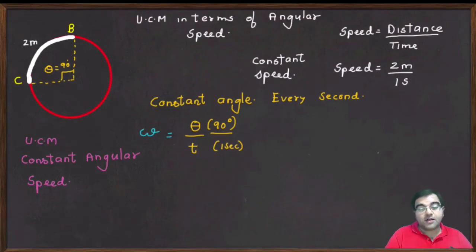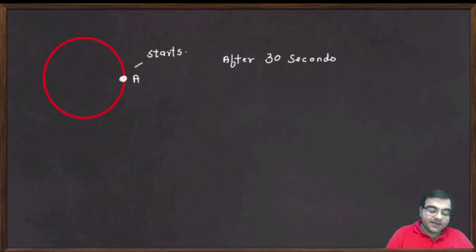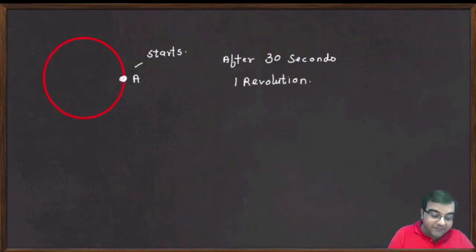Now let's come to the mathematics part of it. Let's say you have a circle. A body starts at point A. After 30 seconds, it finishes one revolution. When I say it finishes one revolution, the body started at A, it moved all the way and it came back to the same point.